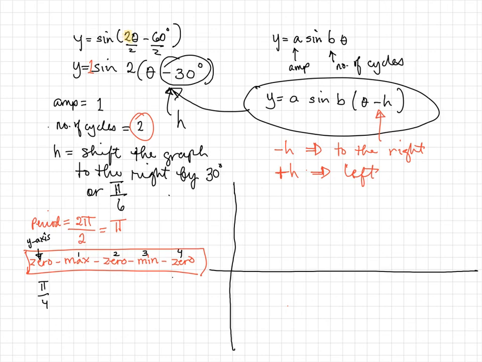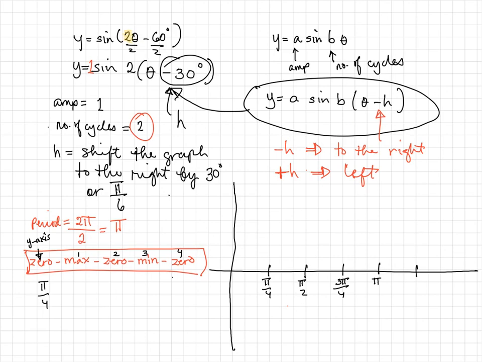And then we also have to remember that we have to shift it 30 degrees later, or pi over 6. So I'm thinking of doing this 1, 2, 3, 4. So this will be pi over 4, this will be pi over 2, 3 pi over 4, and this will be pi.